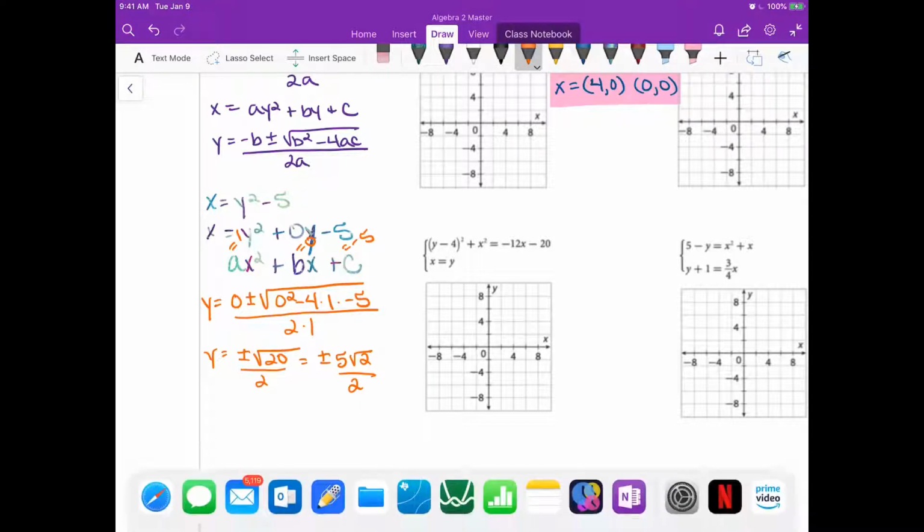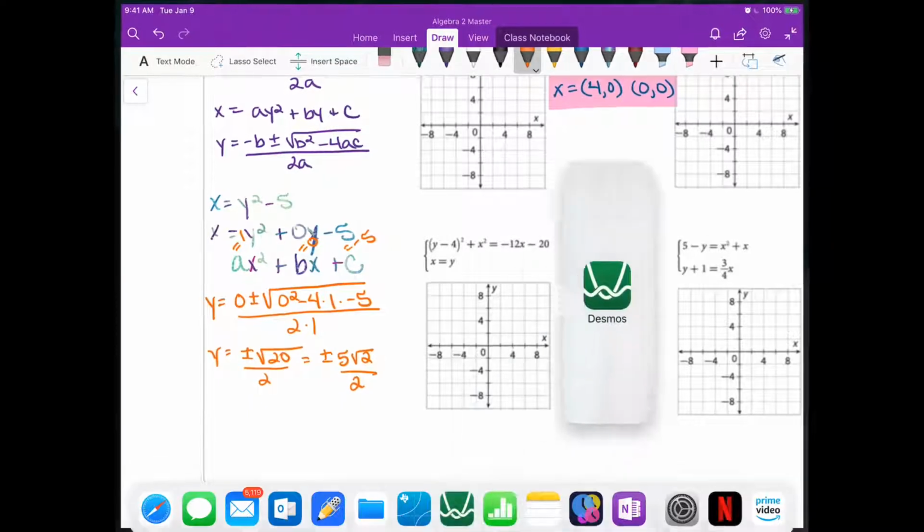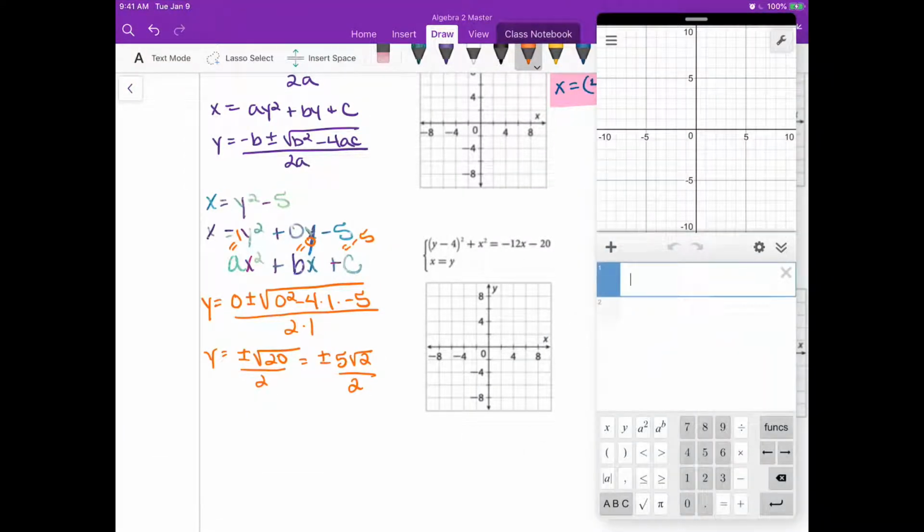And that is equal to positive 5 times root 2 over 2, all of this over 2, 3.536, and negative 3.536.